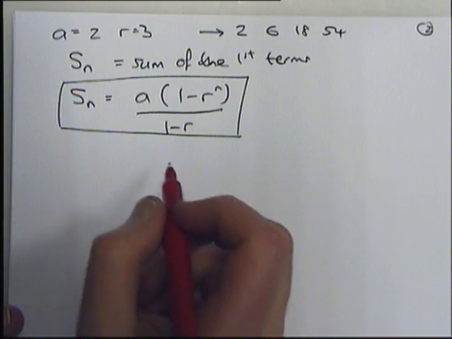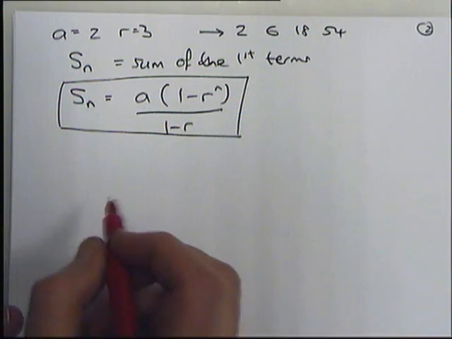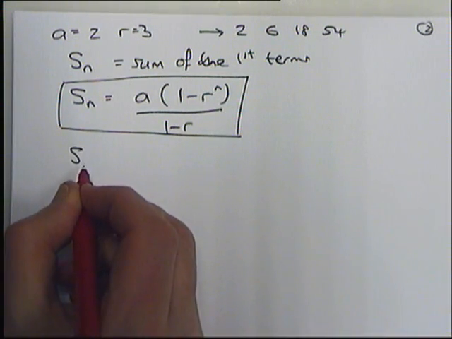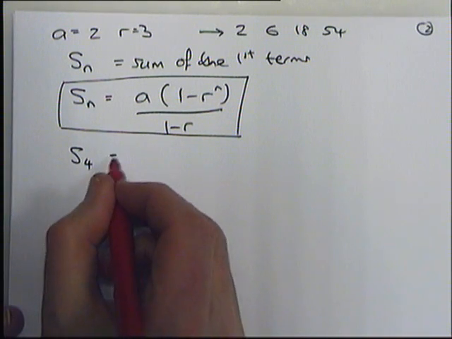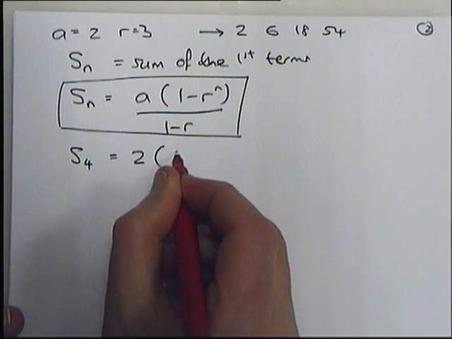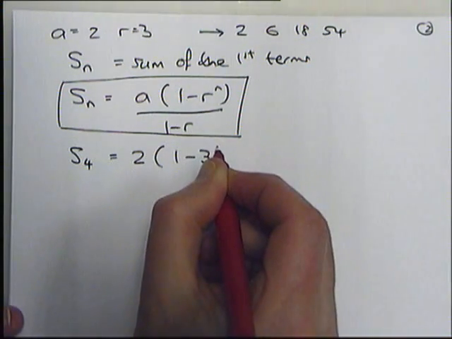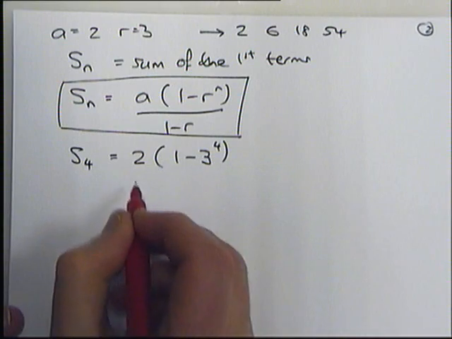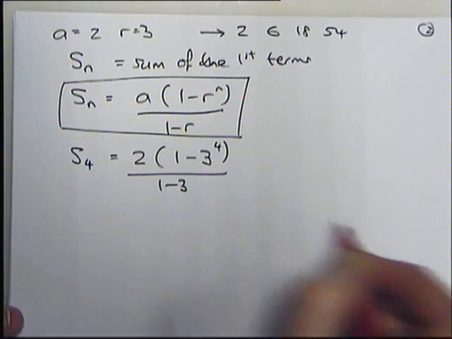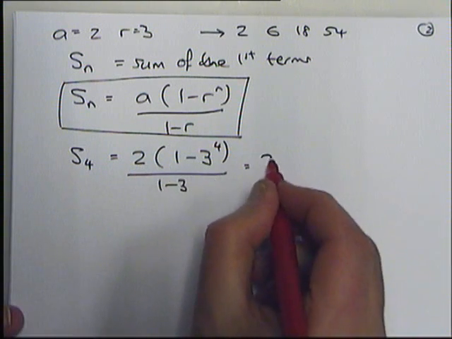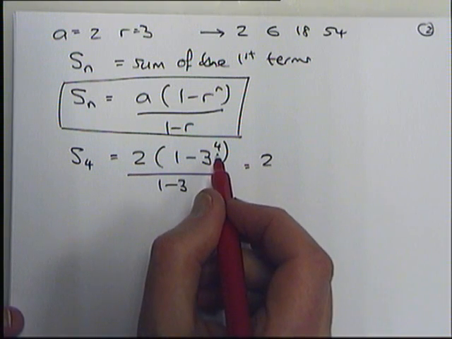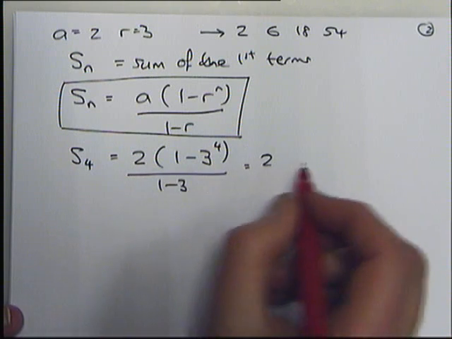So here, as an example, I'll just check that formula works on the first 4 terms. If I'm doing the sum of the first 4 terms, n is 4, so it'll be S4. It's a, and then 1 minus r to the n over 1 minus r. So on the top, I've got 2, then 3 to the power of 4, 3 times 3 times 3 times 3, that's 81.